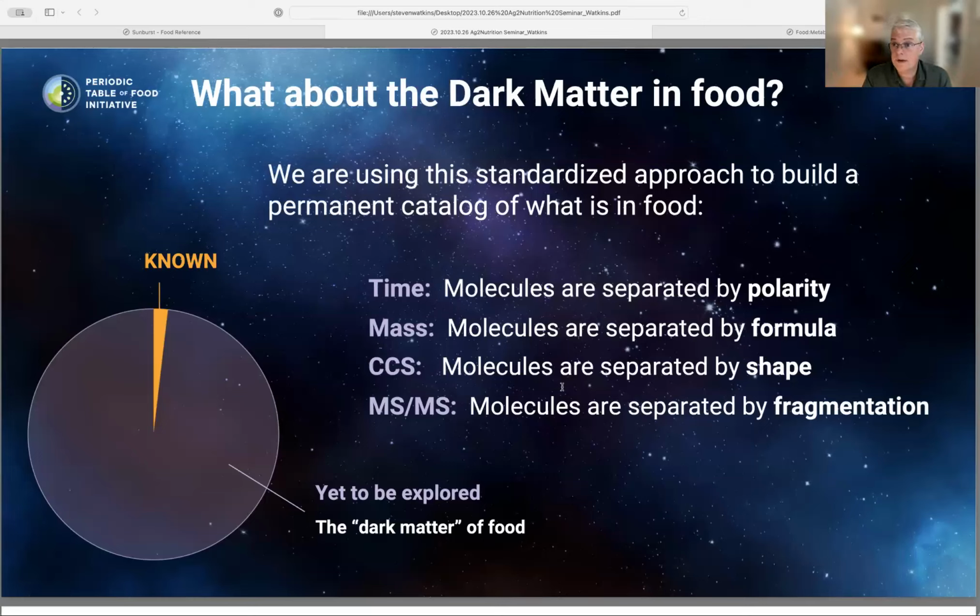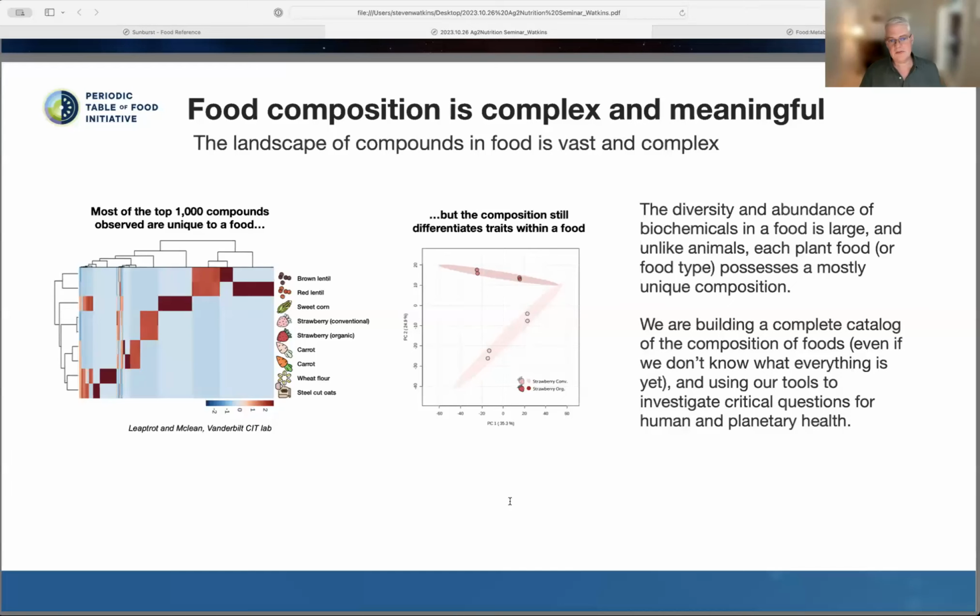And all of this information is tied back to the standardized values that we're collecting in the database. So even if we don't know what things are, we are building a standard catalog of the food that we measure. And this is one of the early examples of where we tied all of that information together around some foods. This was 10 foods where we collected all that.